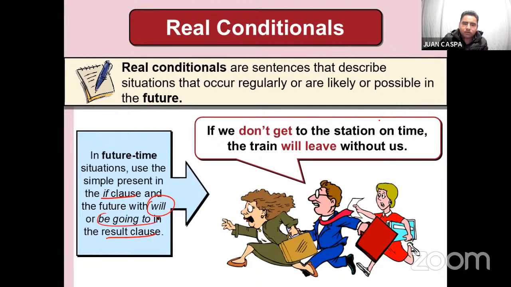Okay, or we can also use be going to in the result clause. But in the if clause, we are using simple present here, right? Don't get to the station is a simple present. Will leave without us is future, right?